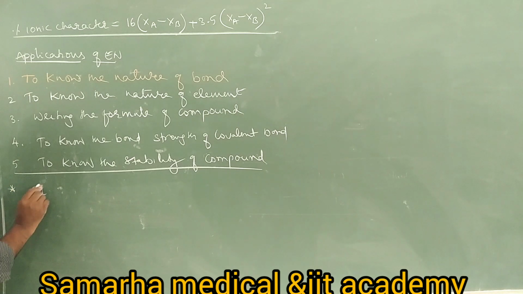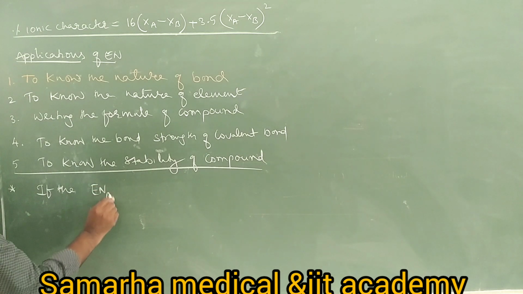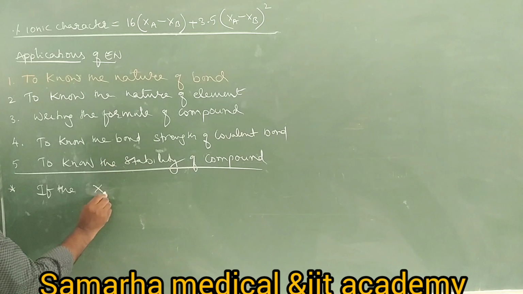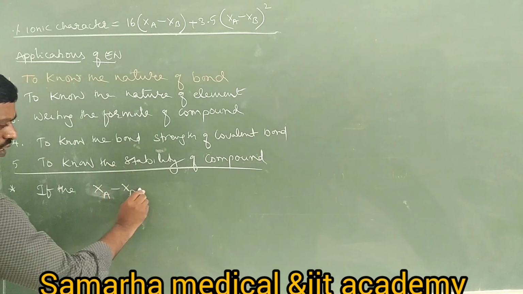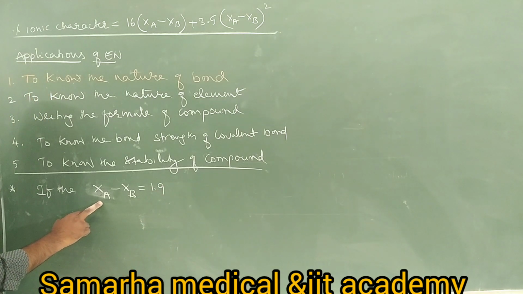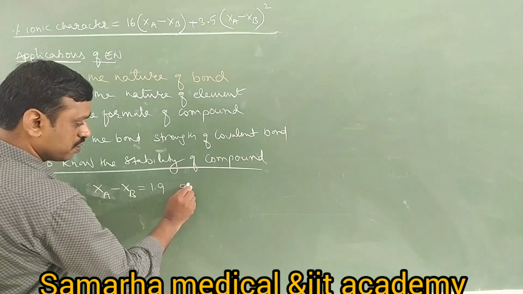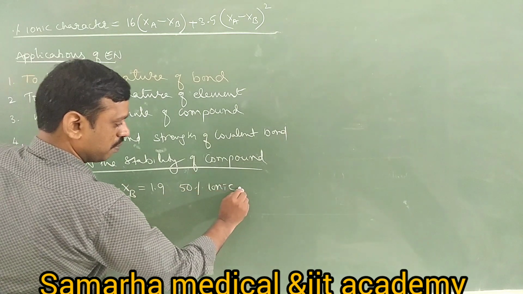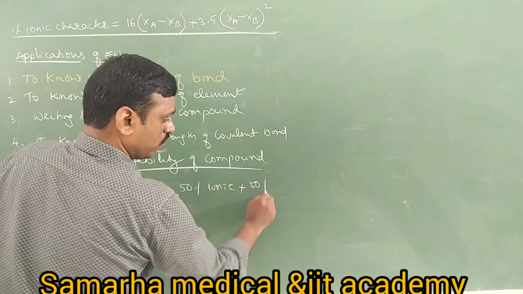If the electronegativity difference between two elements is 1.9, that is XA minus XB equal to 1.9, where XA is the electronegativity of element A and XB is the electronegativity of element B, it is 50% ionic plus 50% covalent.